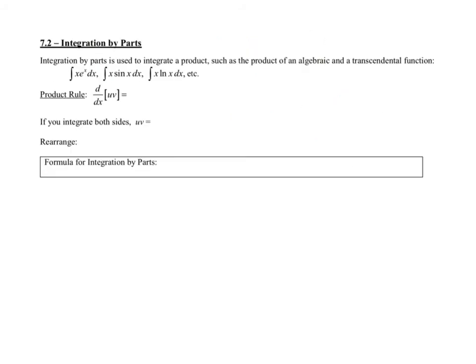Okay, so now that we've reviewed some of the integration methods that we've already talked about, let's move on to our new integration method for today, which is called integration by parts. Integration by parts is going to be used in order to find the antiderivative of a product. So this is a way to find the antiderivative of a product of two functions, and in most cases the two functions that we're talking about are going to be different types of functions.